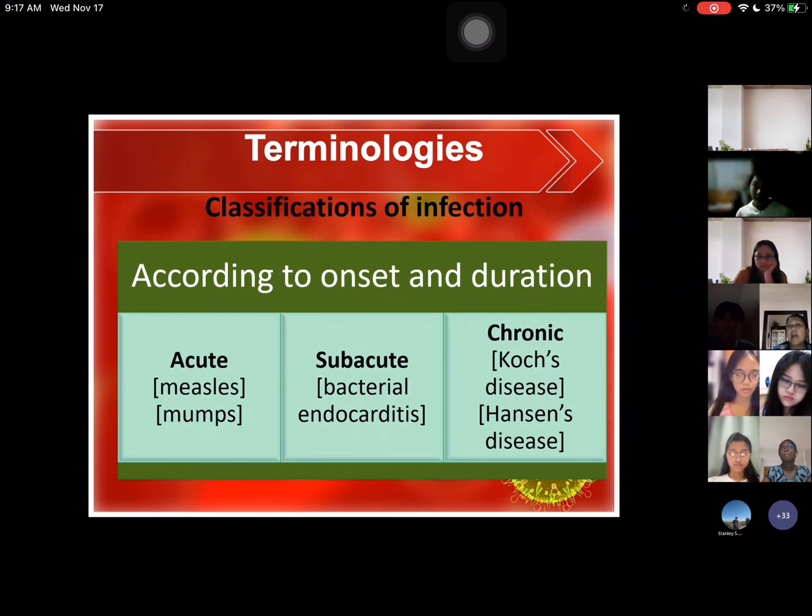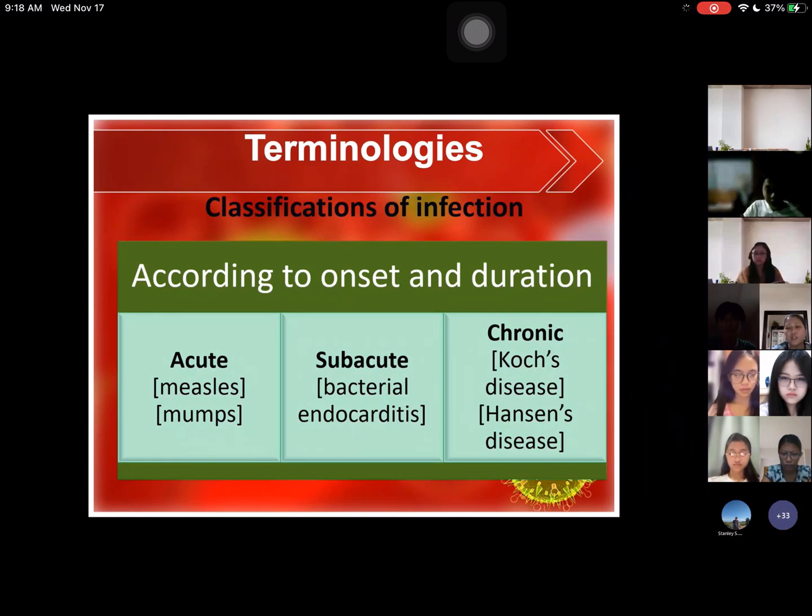Okay. Subacute, like for example, bacterial endocarditis. This is actually inflammation of the inner lining of our heart. Okay. This is in between acute and chronic infection. So when you say subacute, this is in between acute and chronic infection. The acute develops faster, and the chronic infection develops slowly.